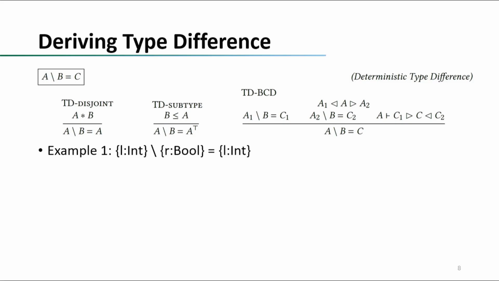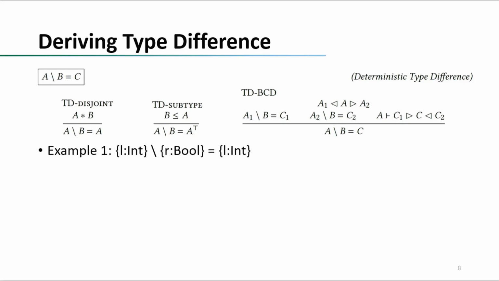And the second rule is the case where B is a subtype of A, then A minus B should equal top. Here I use A top to denote a top type of shape A. We need a top type of shape A because the first two rules, TD disjoint and TD subtype, may overlap with each other.